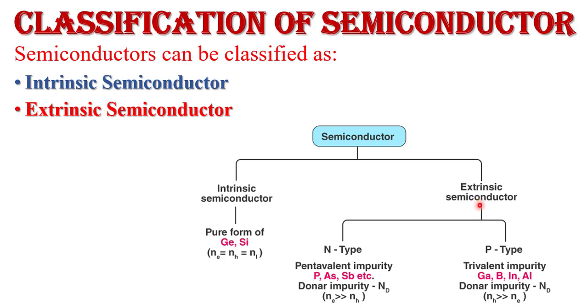Those semiconductors having some impurity are called extrinsic semiconductors, or we can say that impure semiconductor is known as extrinsic semiconductor. Now extrinsic semiconductor is further classified into two types, N-type semiconductor or P-type semiconductor. N-type semiconductor has pentavalent impurity and P-type semiconductor has trivalent impurity.